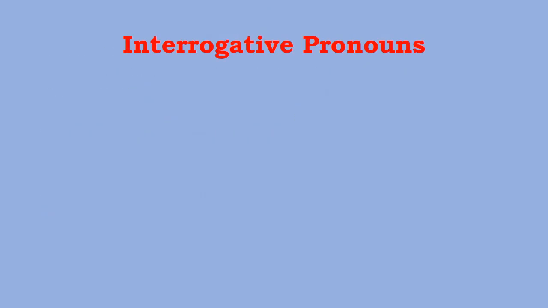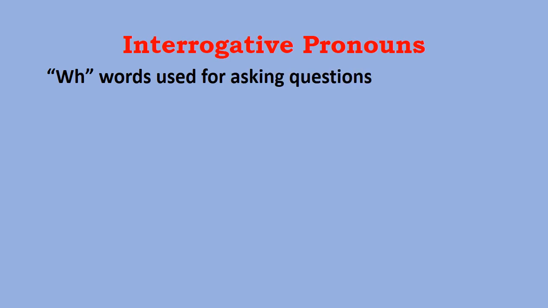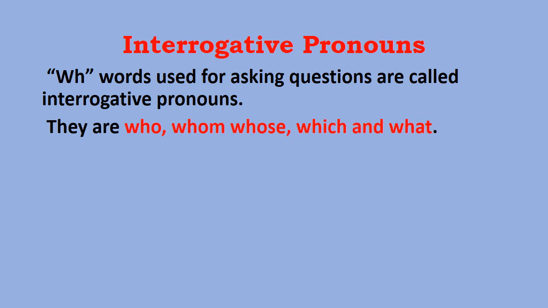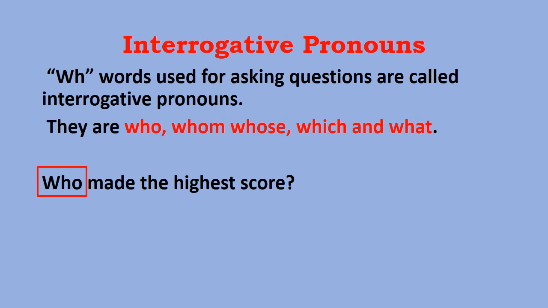We have come to the last type, interrogative pronouns. WH words used for asking questions are called interrogative pronouns. They are who, whom, whose, which and what. As in the example, who made the highest score? Here, "who" is an interrogative pronoun.